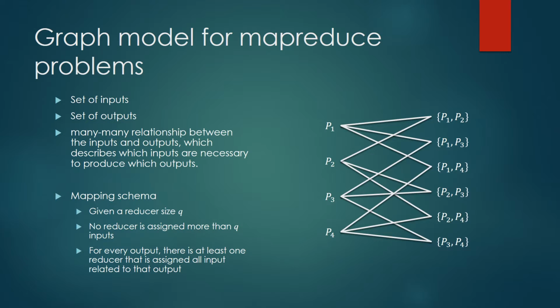In the simplest sense, when you consider a MapReduce algorithm, you have a set of inputs and a set of outputs. We think of the map task as associated with inputs, and the reduce task as associated with the outputs, that there are one or more outputs being generated at each of our reducers.